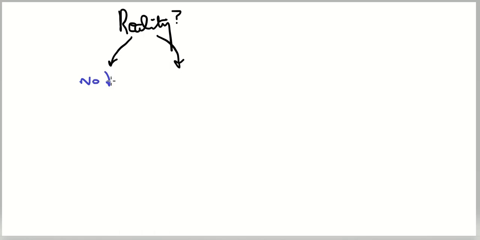Okay, so again, the idea is that you have reality, and you don't know what reality is, otherwise you wouldn't be doing your research. Your reality is one of two things. Either there's no difference, meaning the null is true.